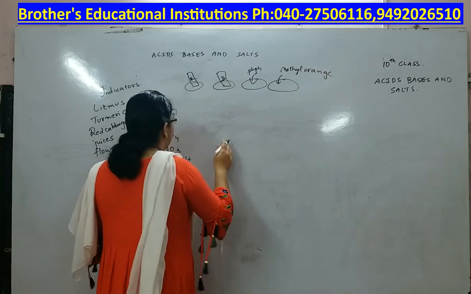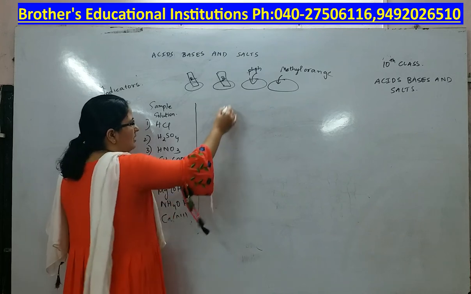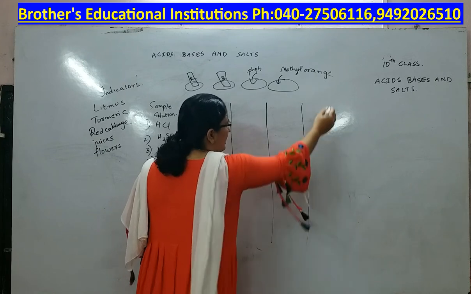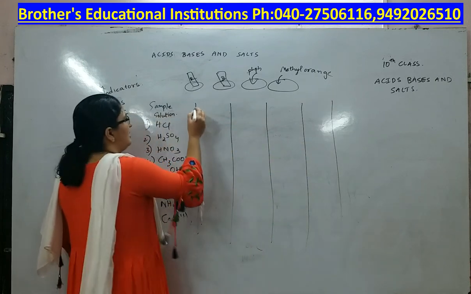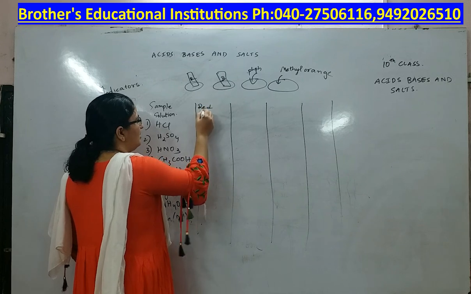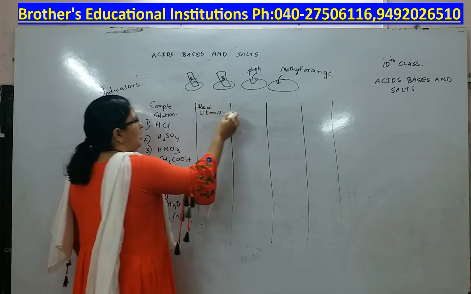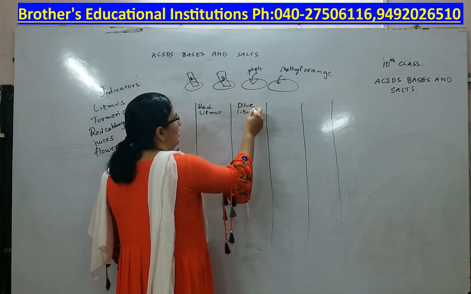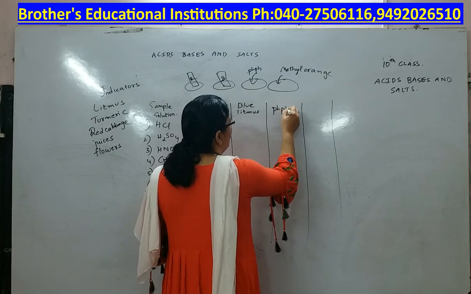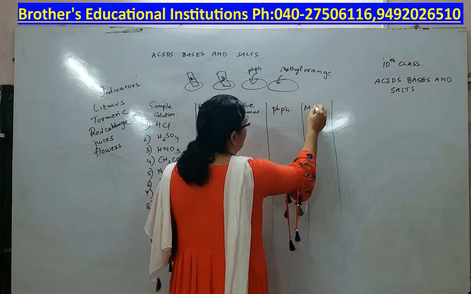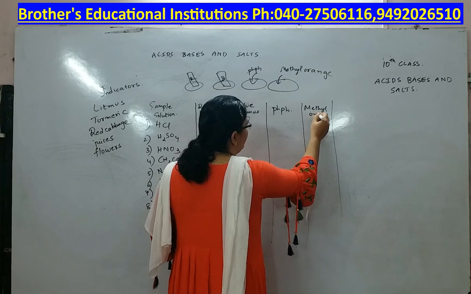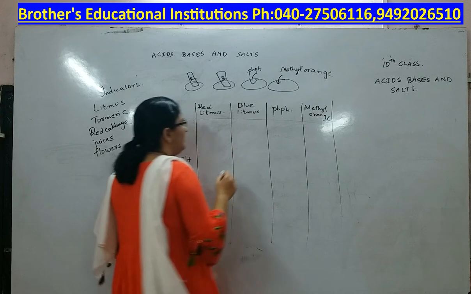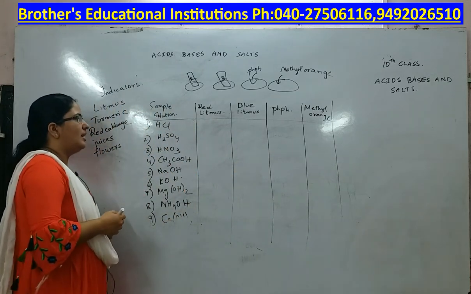Let us see what happens. With all these materials, this is red litmus paper, blue litmus paper, phenolphthalein and methyl orange. Let's see what is going to happen.